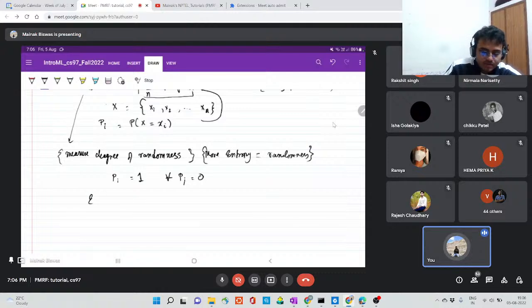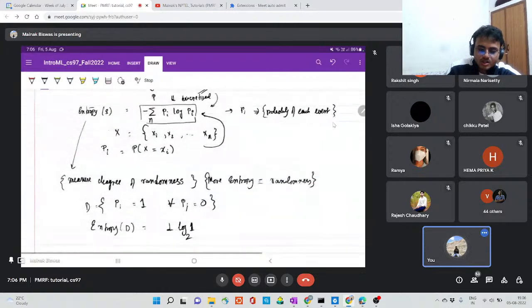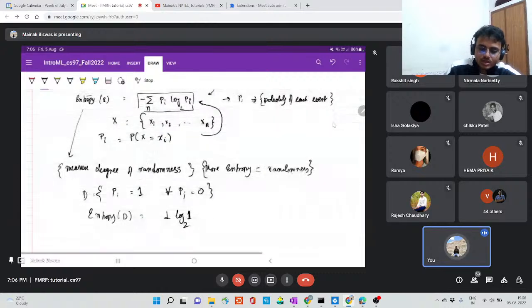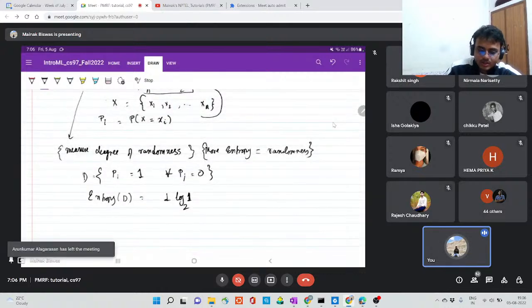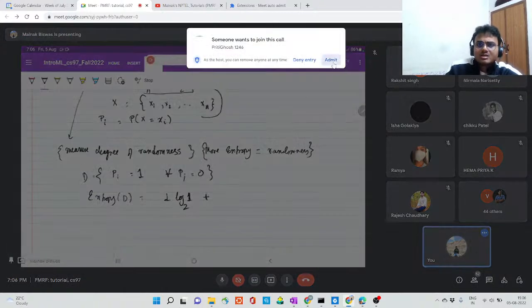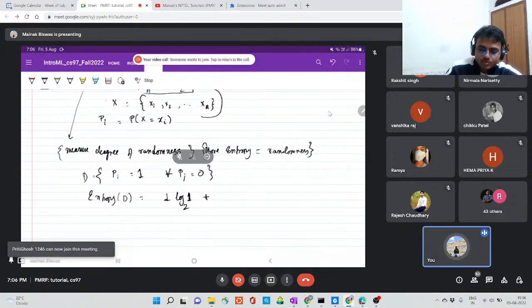Then for this distribution, say this is H, the entropy will be 1 into log of 1, and these are all log base 2 here, because this deals with coding. You can take any log, it doesn't matter to be exact, but let's take log base 2 here.